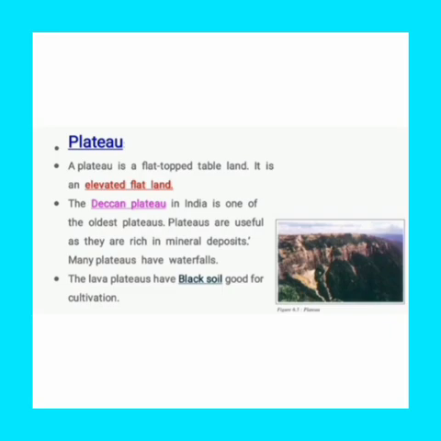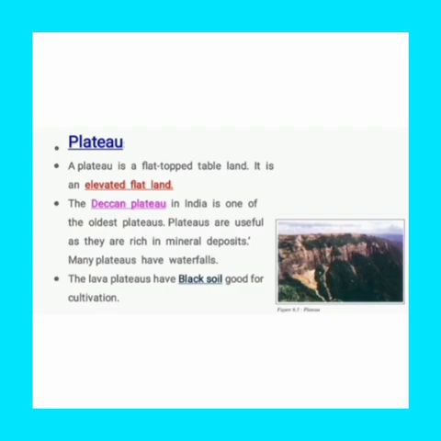Then plateaus. A plateau is a flat topped tableland. It is an elevated flatland. The Deccan Plateau in India is one of the oldest plateaus. Plateaus are useful as they are rich in mineral deposits.